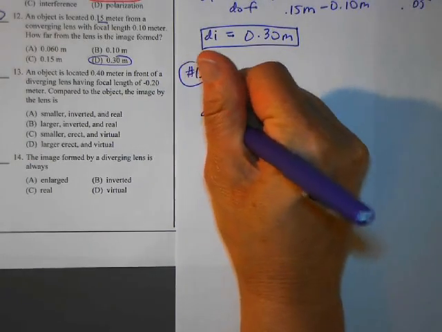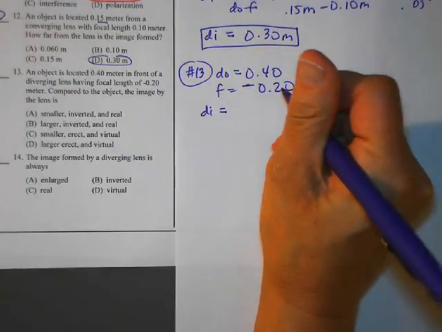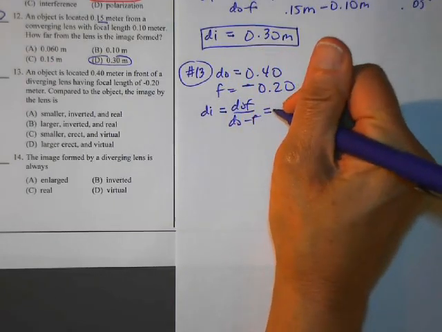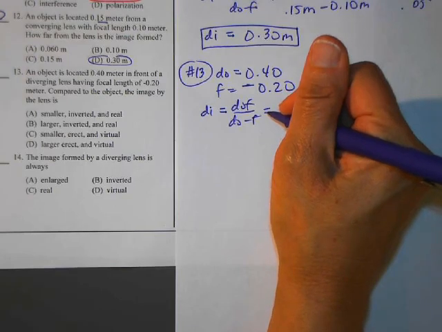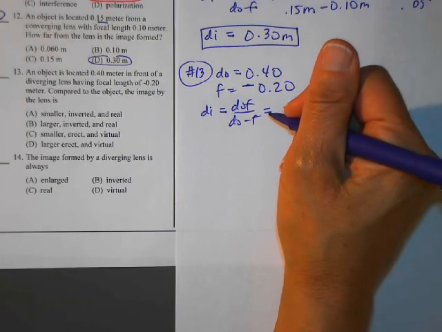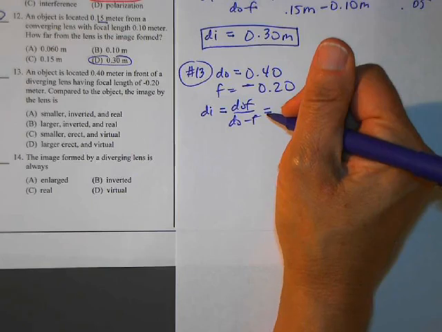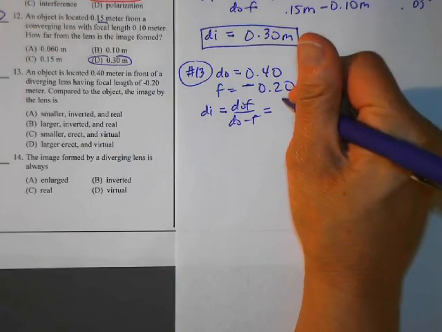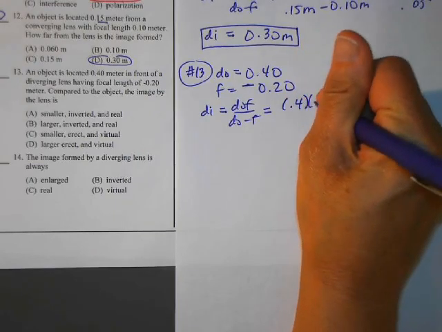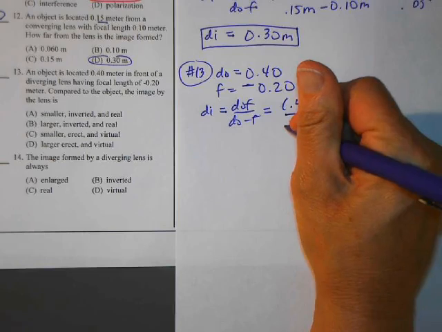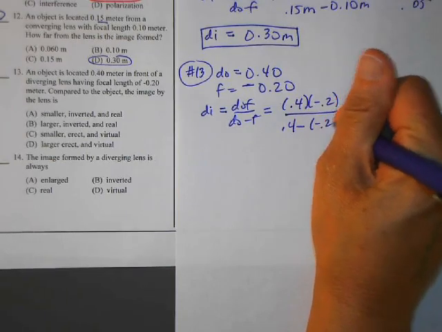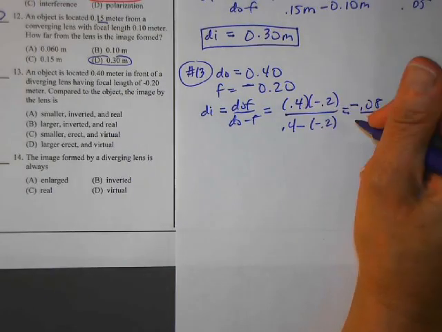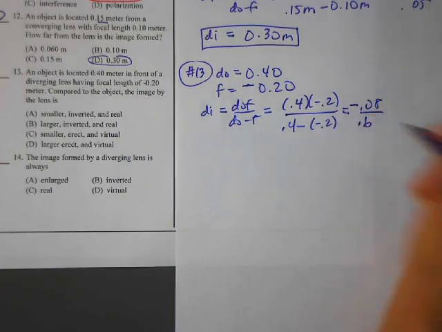So if I do the math and I say DI is DOF over DO minus F, that's going to give us the distance of the image. If the distance of the image is positive, that means it's real. If the distance of the image is negative, that means it's virtual. So when I substitute it in, 0.4 times negative 0.2 over 0.4 minus negative 0.2, I get negative 0.08, and a negative is a positive.